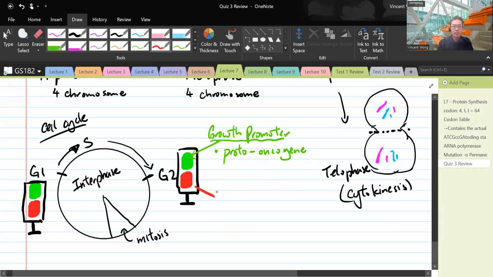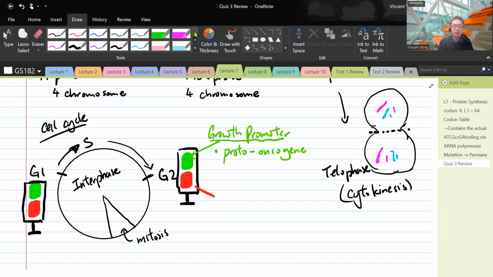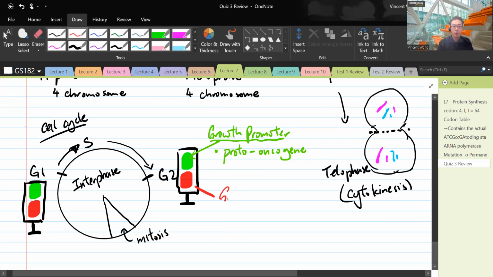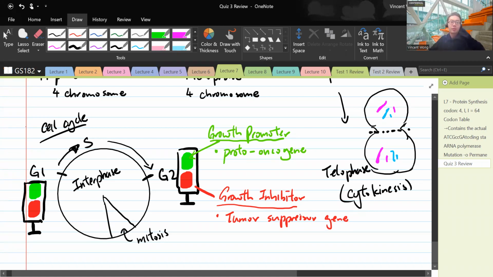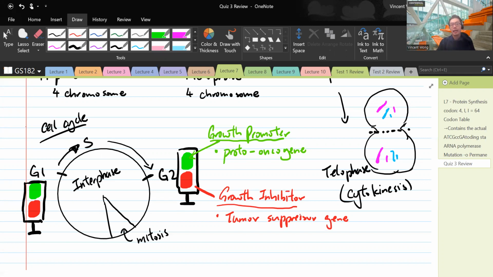And then these ones are growth inhibitors, which are encoded by tumor suppressor genes. Tumor suppressor genes also play a role in DNA damage repair.